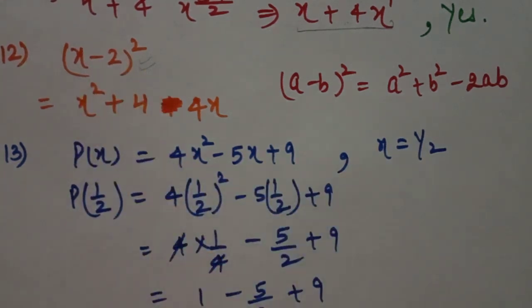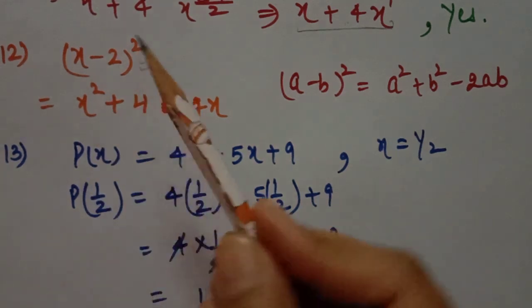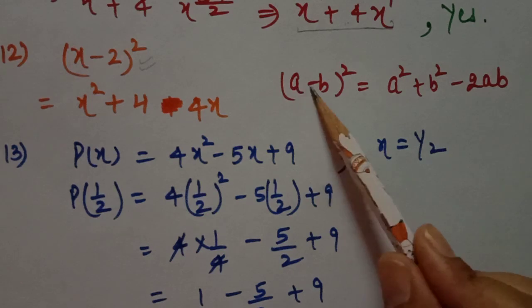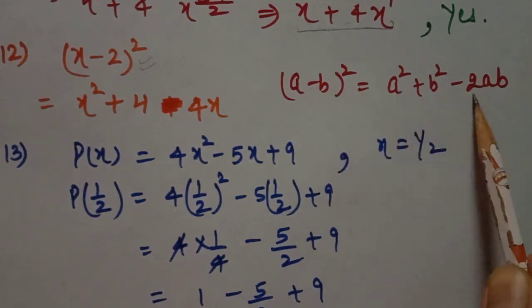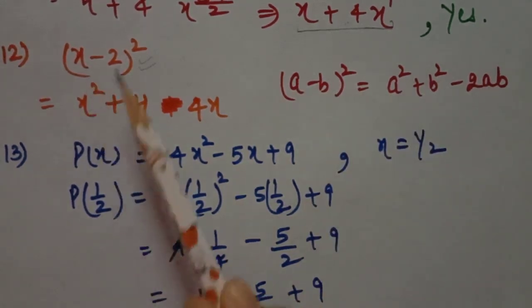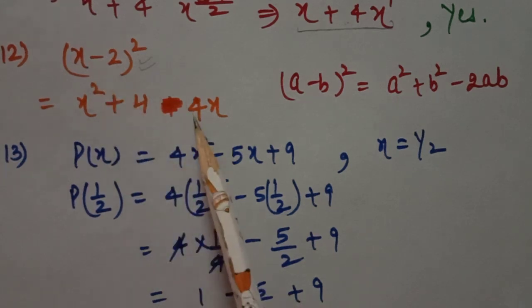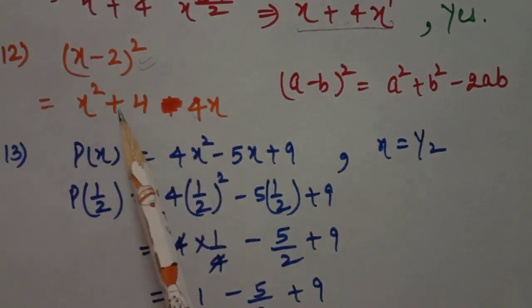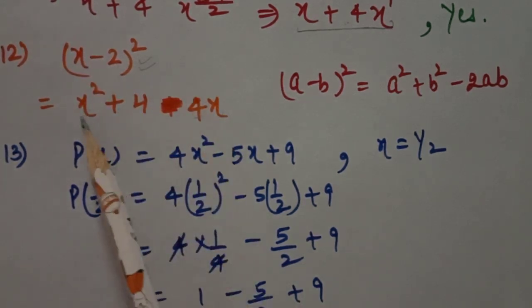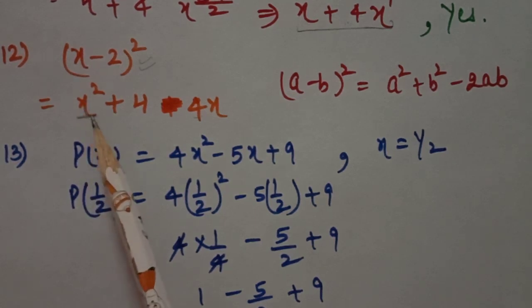So the coefficient of x square is 0. Beta, you have to give your answer after opening this square. So we know it very well that a minus b whole square is a square plus b square minus 2ab. So a square plus b square minus 2ab is x square plus 4 minus 4x. So what is the coefficient of x square? Coefficient of x square is 1.